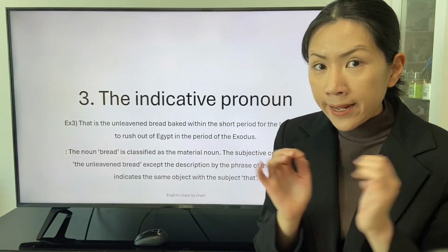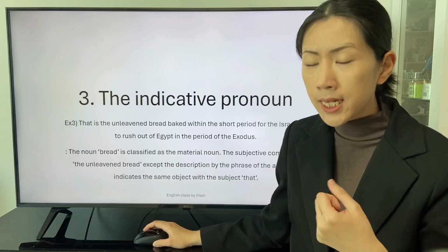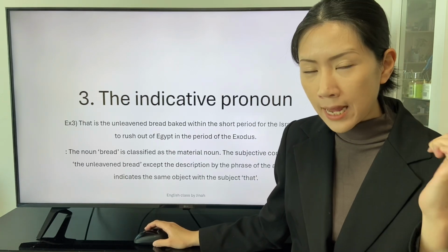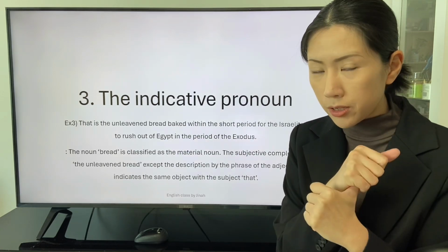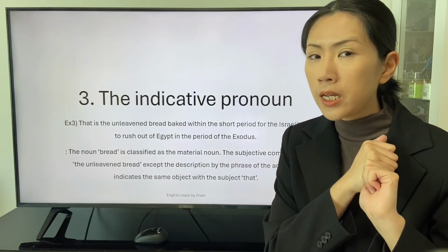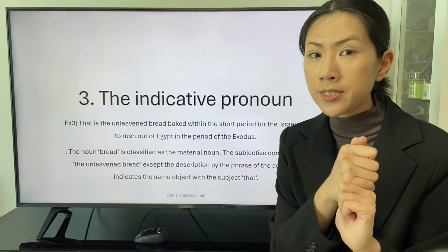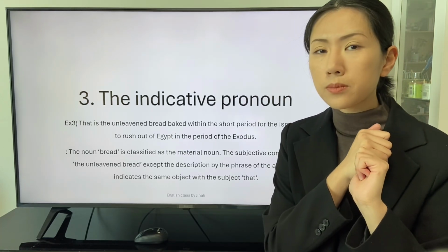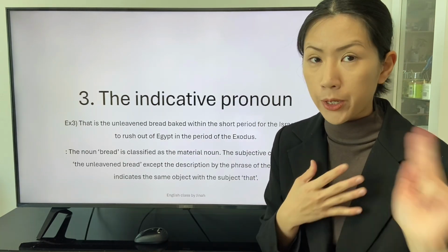The indicative pronoun that reveals that the object is singular. The object does not participate in the conversation with the speaker, and the object is far from the speaker.